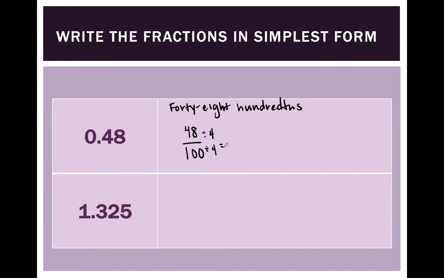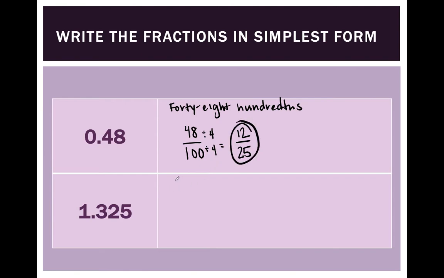Again, you can look for any common factors that you can find. You might find the biggest factor first, and that's great. But maybe you only recognize 2, and then you have to divide it by 2 twice. Well, that's fine.